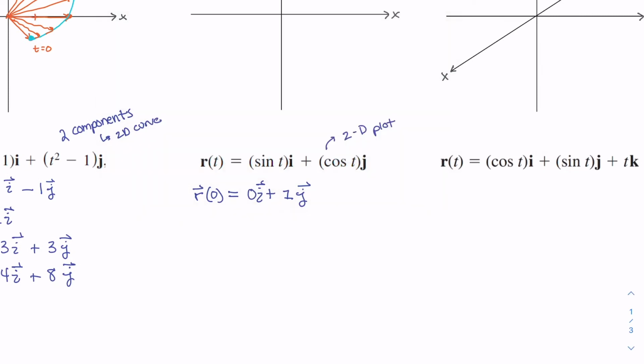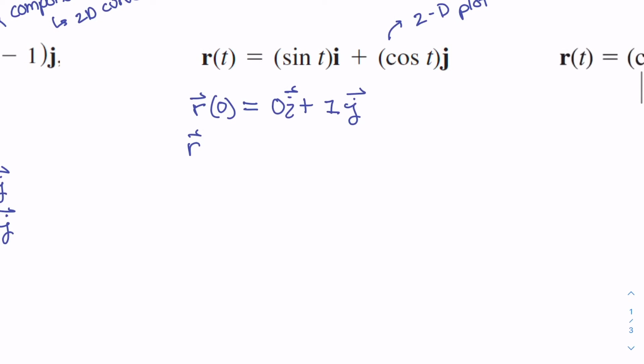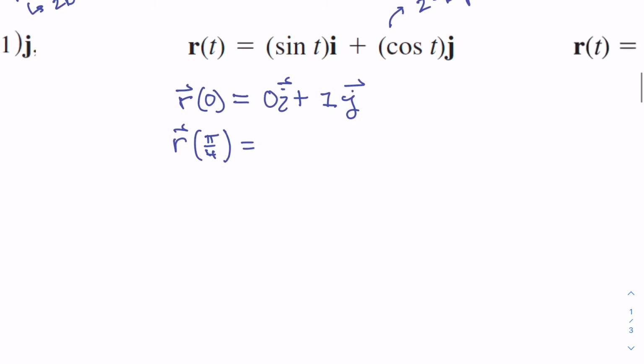Now let's do, because we're working with trig functions, I'm going to use radians as my input. So I'm going to jump to something like pi fourths. So I'll plug in pi fourths for t, and in this case we'll get sine of pi fourths, cosine of pi fourths, which is going to be, is that square root of 2 over 2? Square root of 2 over 2 i plus square root of 2 over 2 j.